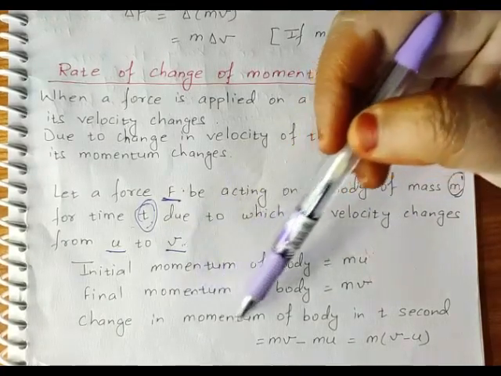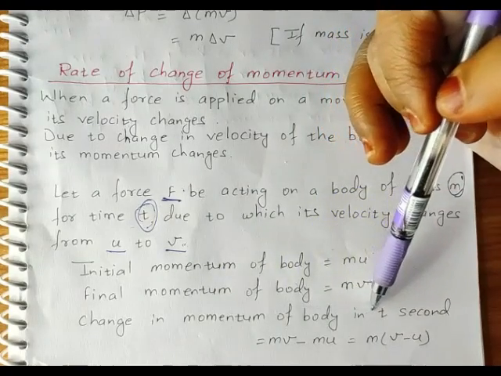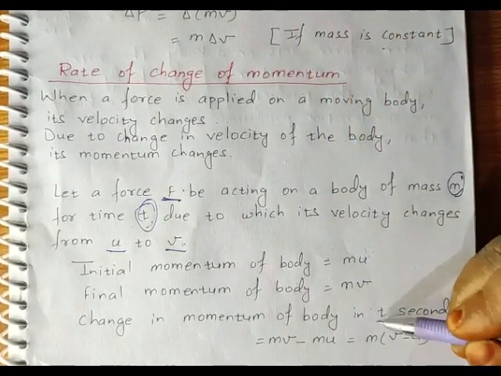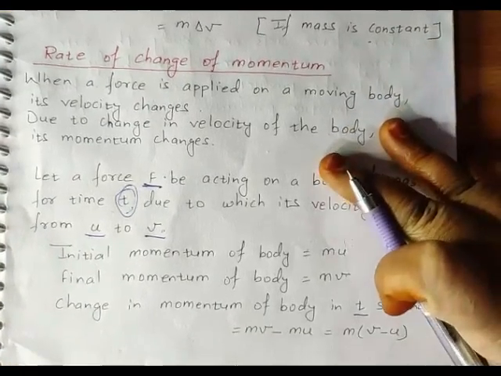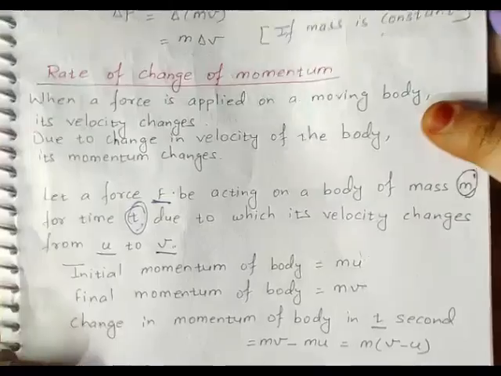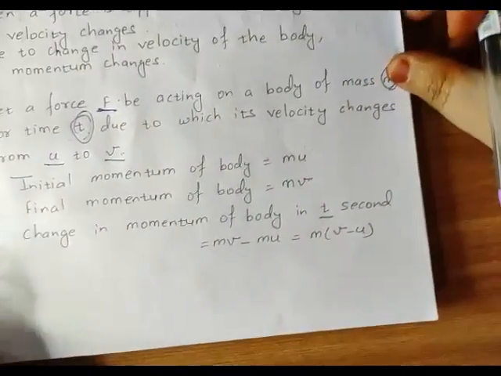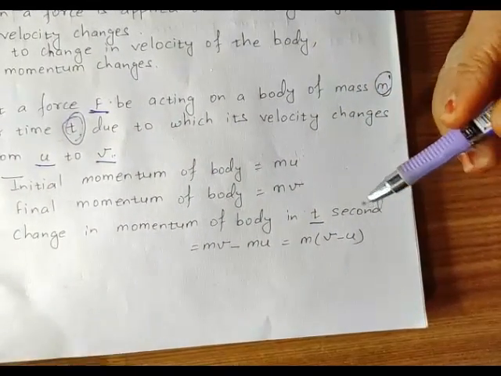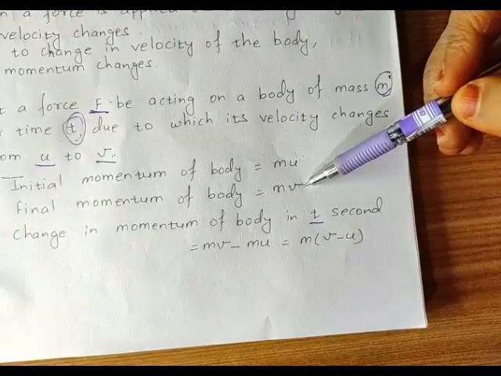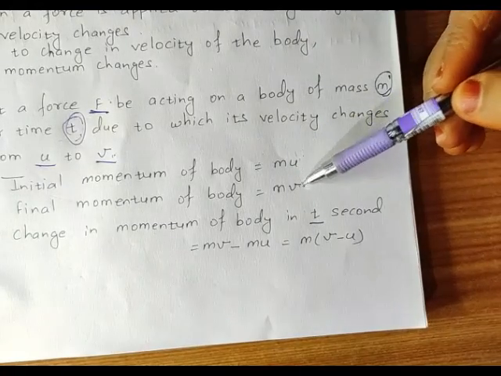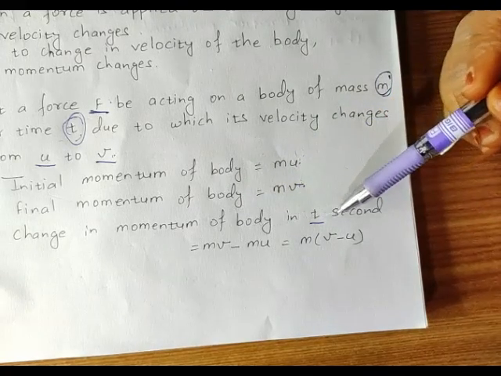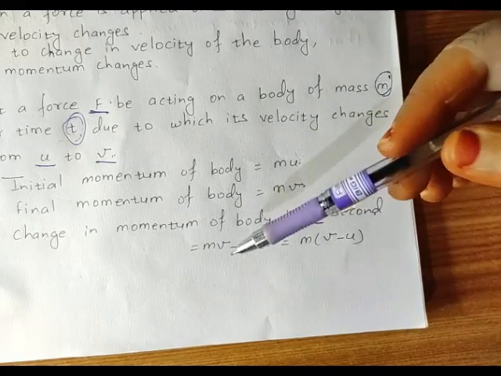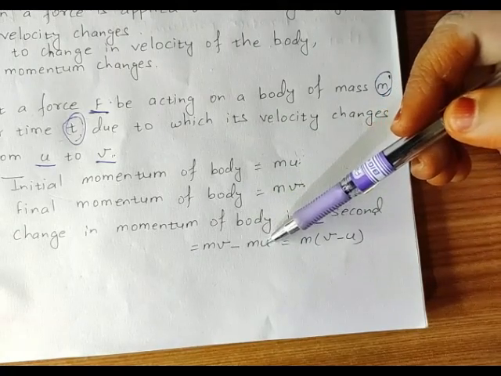Clear? Change in momentum of a body in t seconds. We know, children, change is always equal to final minus initial. So final momentum mv minus initial momentum mu. So change in momentum of the body in time t seconds equals mv minus mu.